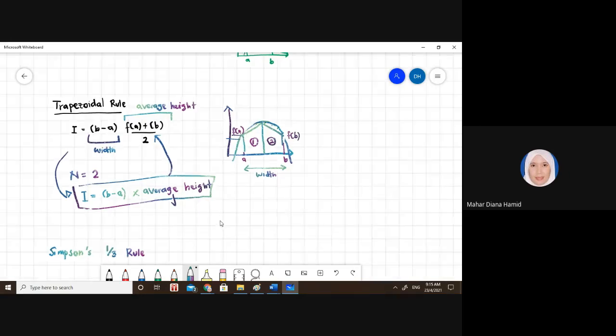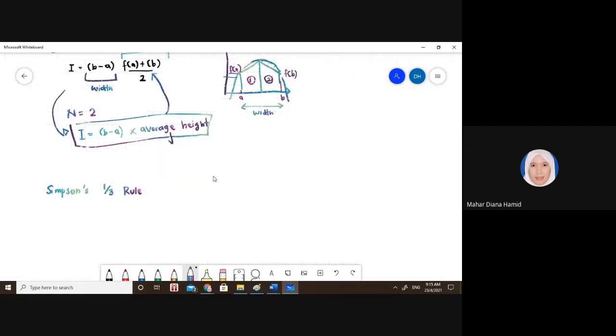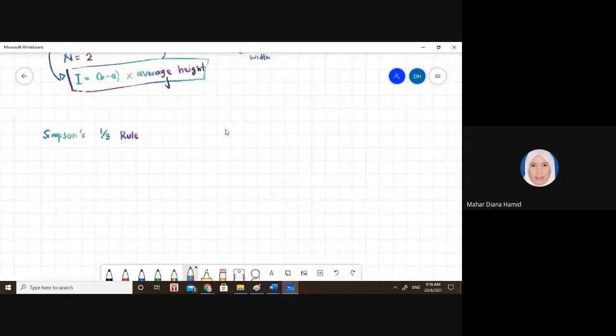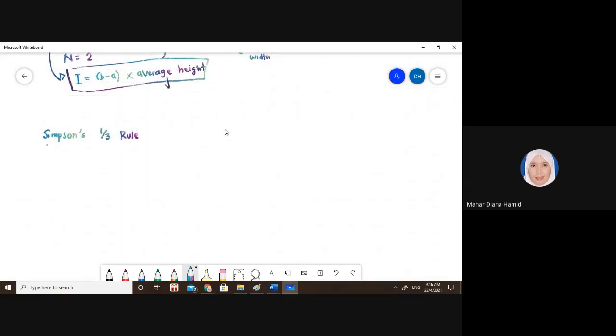However, for Simpson's one-third rule, instead of assuming first order, we're going to assume multiple or higher order polynomials in order to connect the given points. I'm not going to derive the formula here. I'm just directly going to apply it.